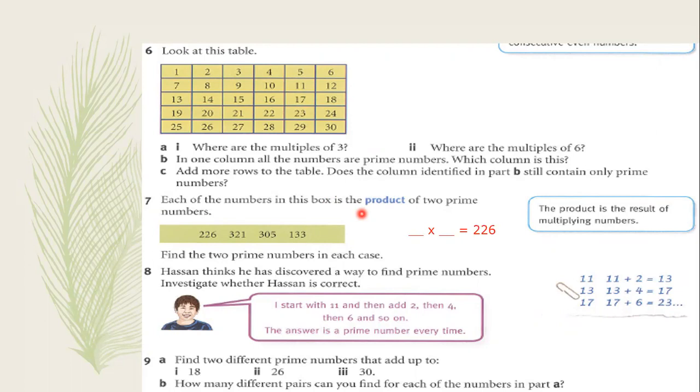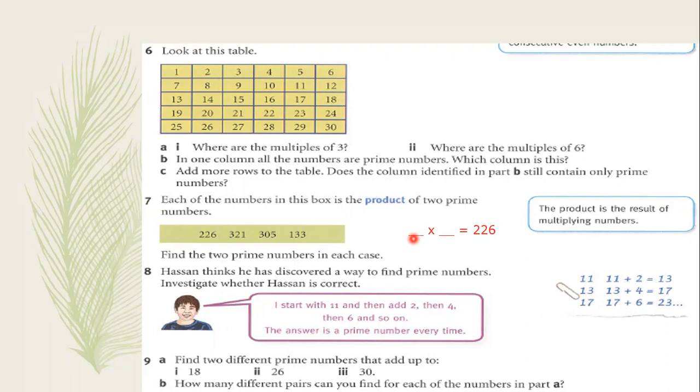Each of the numbers in the box is the product of two prime numbers. So you just write two prime numbers here, like I think 11 and 13. No, not 11 and 13, it's 13 and 17, I hope. Because 17 and 13 are prime numbers, you just multiply and get the answer.